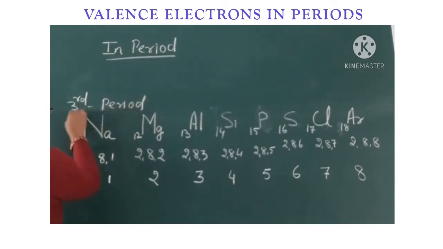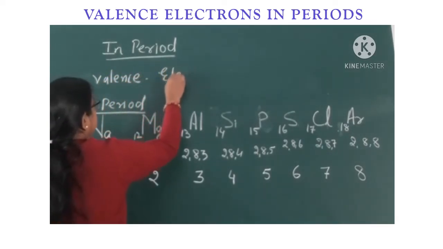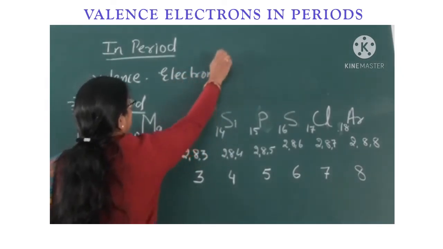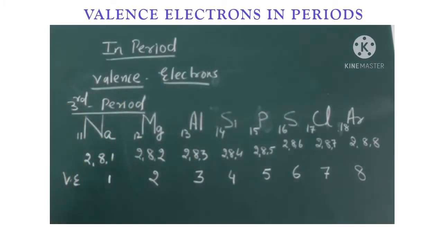Let us start with the first property, that is valence electrons. How do the valence electrons change on moving from left to right in a period?